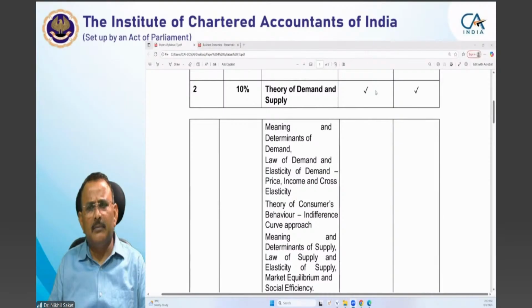The only thing is you have to remember the formula correctly, and that perfection will come only if you revise the concepts many times.